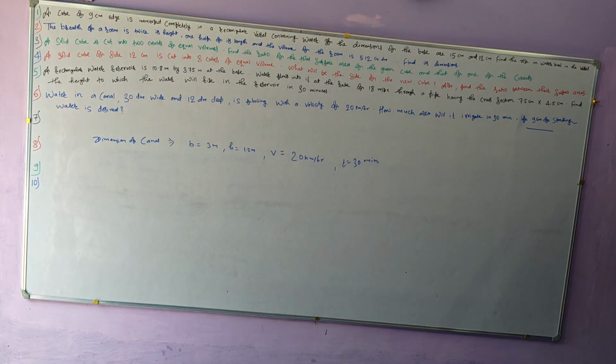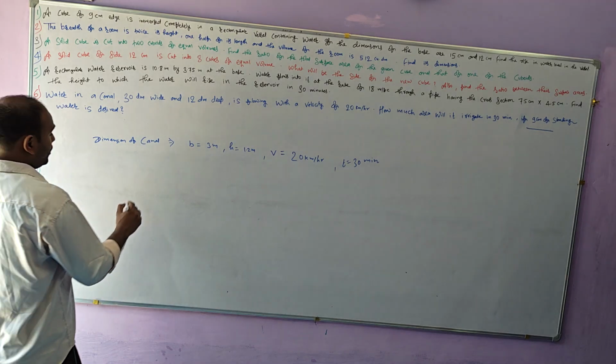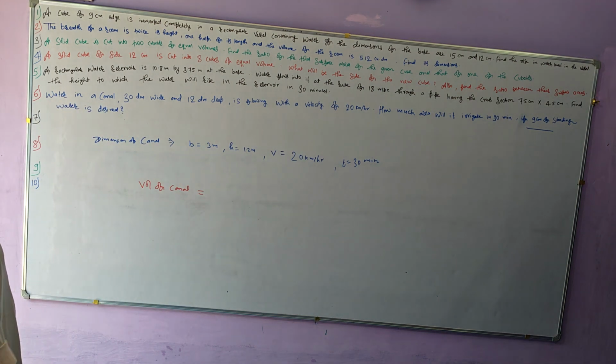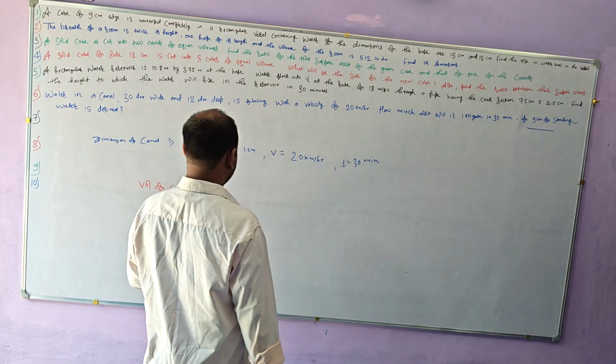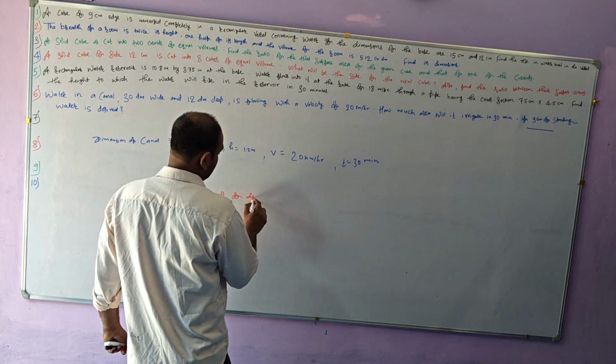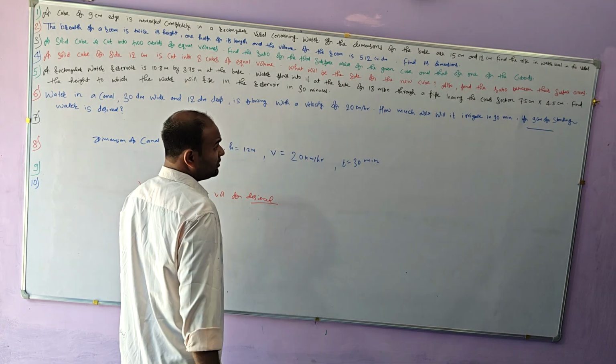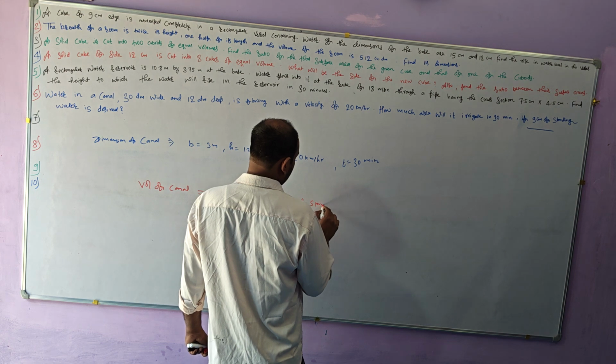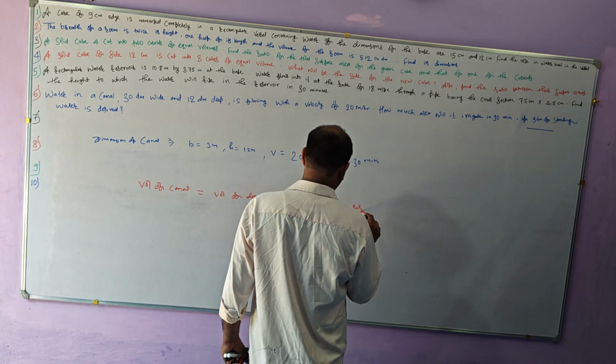So we need to find out the volume of canal is equal to the volume of desired 9 centimeter of standing water.